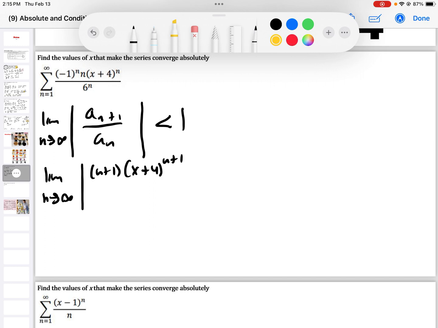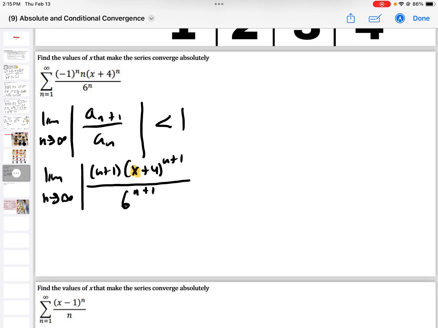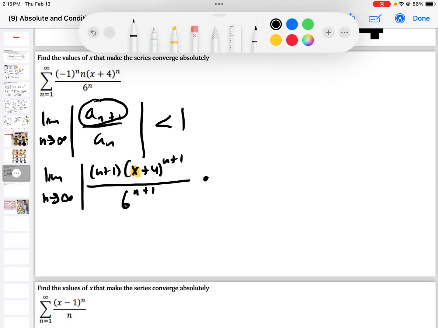I'm looking for the x values that would make this converge absolutely, so let's find where the limit of the n plus 1 term over the n term is less than 1. I divide by the a sub n term, so I multiply by the reciprocal: 6 to the n over n times x plus 4 to the n. And I want to solve for that being less than 1.